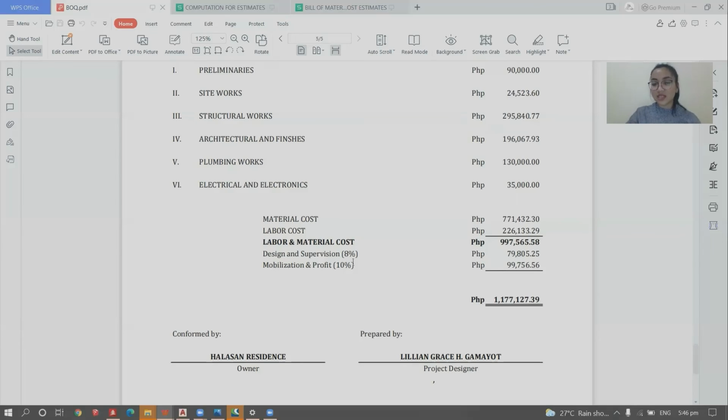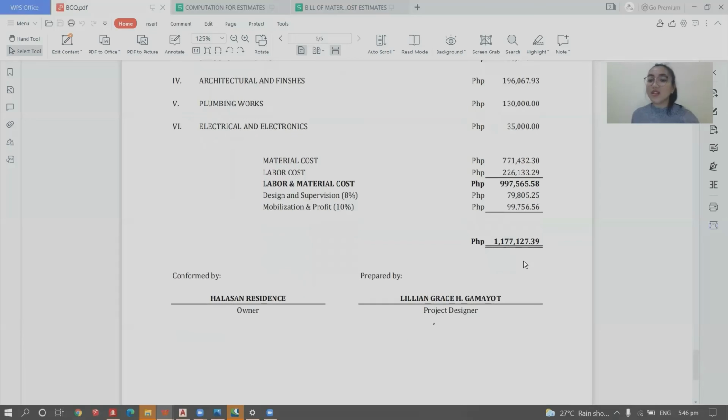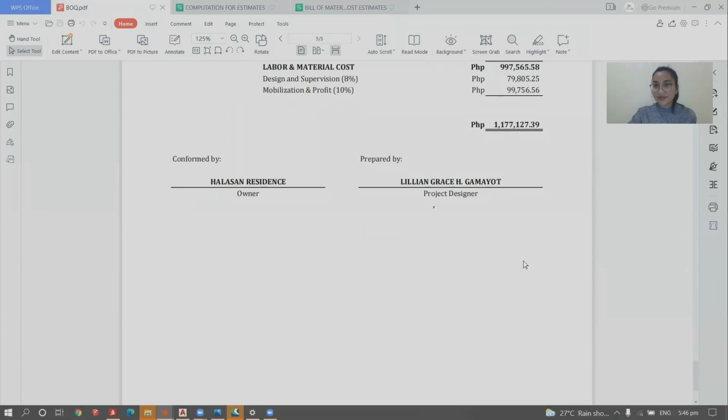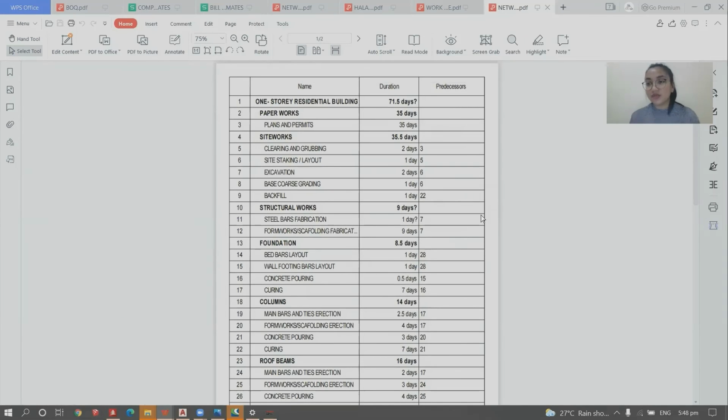We applied design and supervision of 8% and mobilization profit of 10%, which equals a total cost of 1,177,127.39 pesos. So that's for activity 3. Now let's proceed to activity 4, the project management tools.